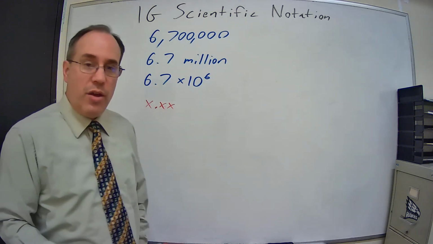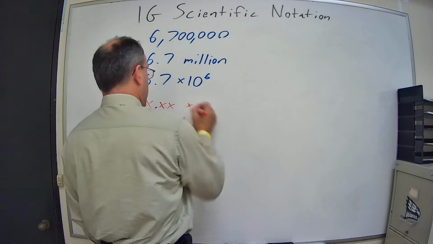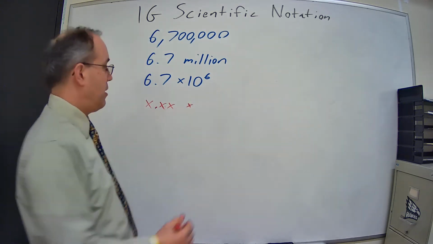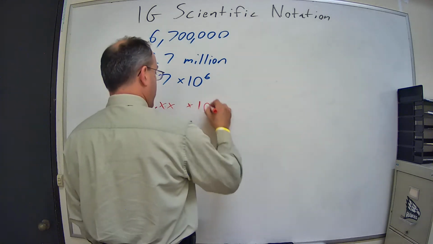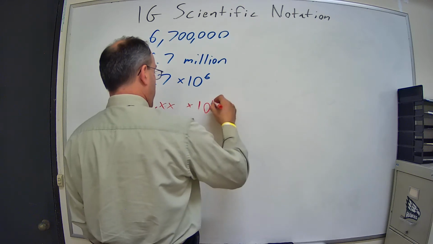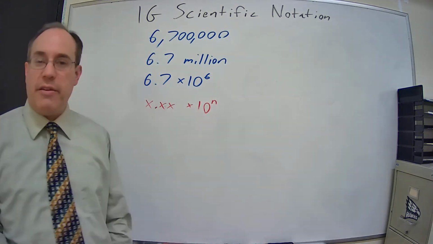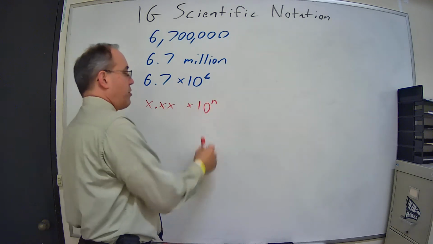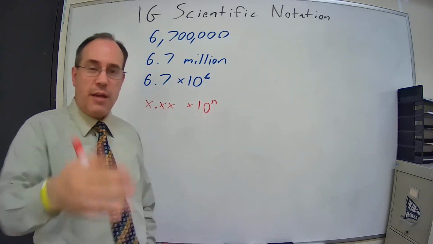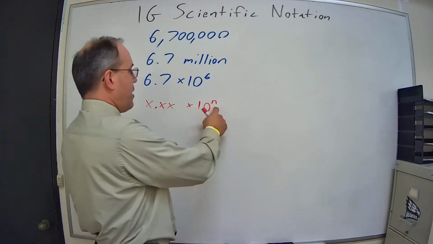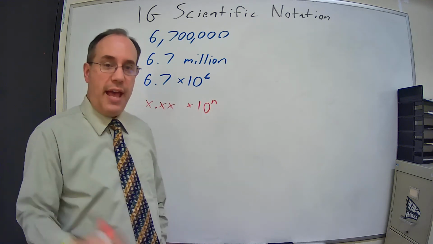Then we multiply that by 10 raised to some power. I'm going to use an n for that. That's basically 10 times 10 times 10 times 10, however many that power n is.